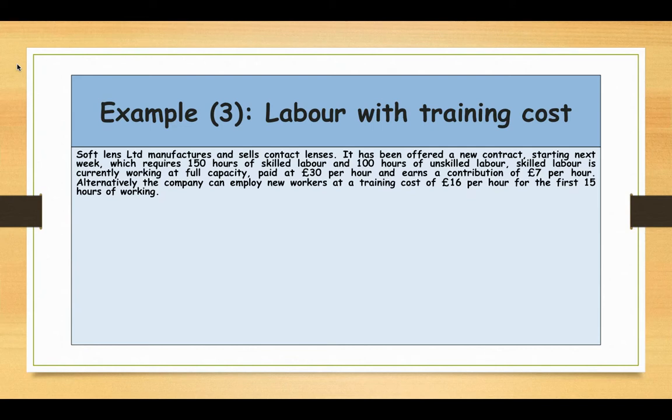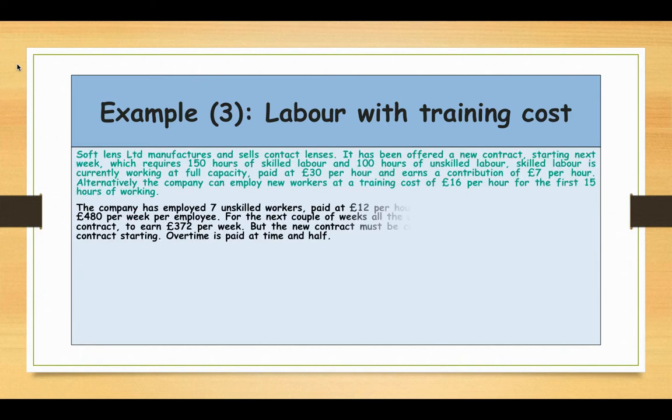Or they have an alternative option, which is they can give training to the employees. So the training cost is going to be £16 per hour for the first 15 hours of working.